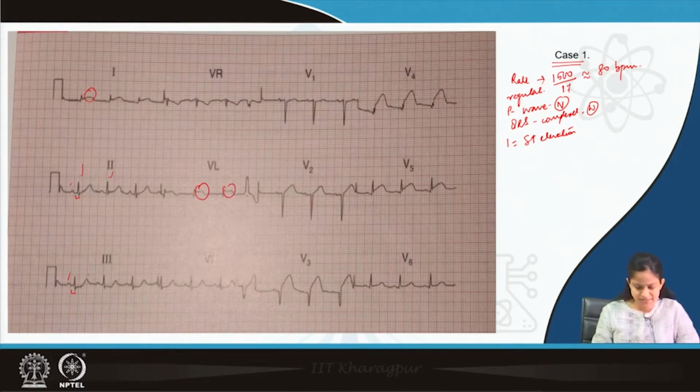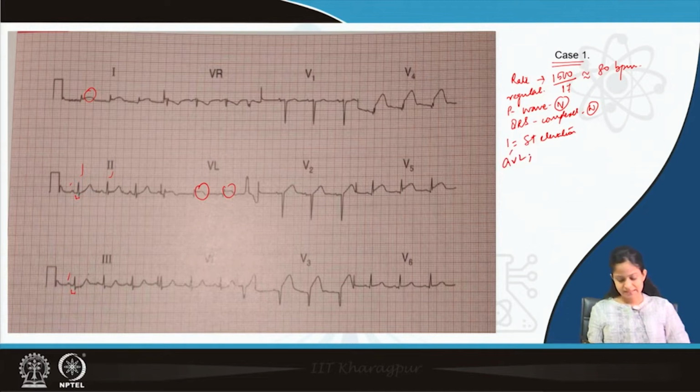We can see T wave inversion in case of AVL, and very little T wave inversion in lead 1, but in AVL we can see T wave inversion.